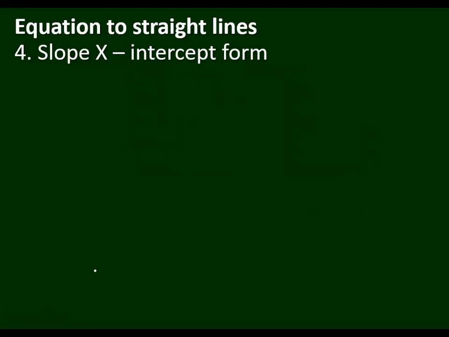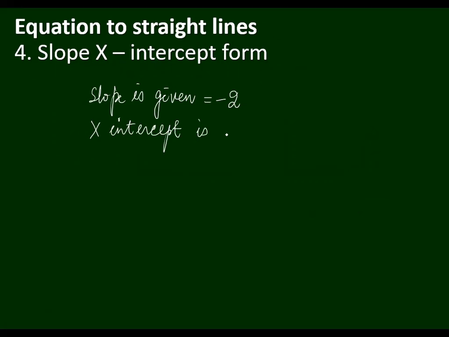Let us go for an example. Slope is given as -2, x-intercept is given as 4.